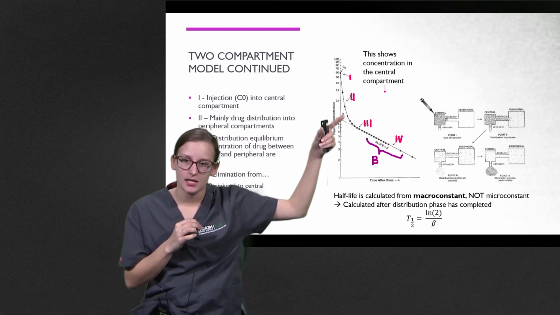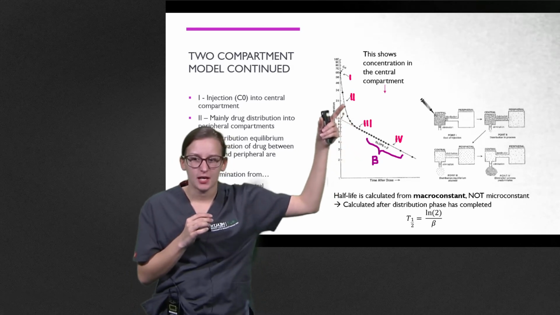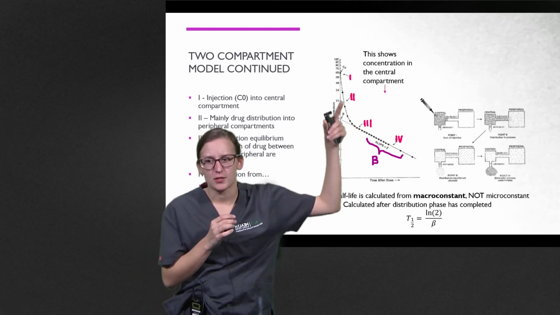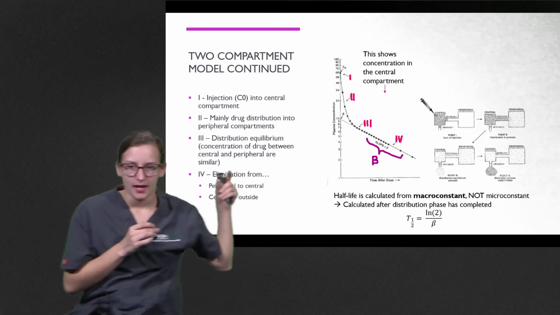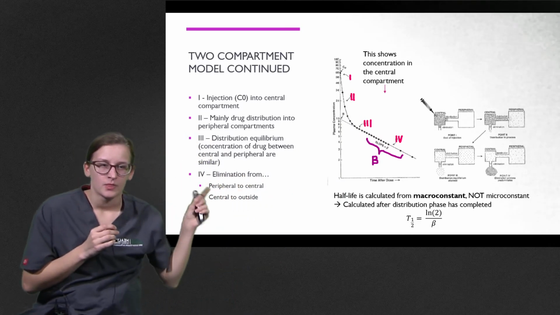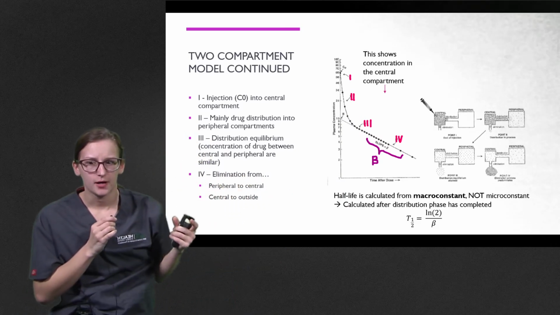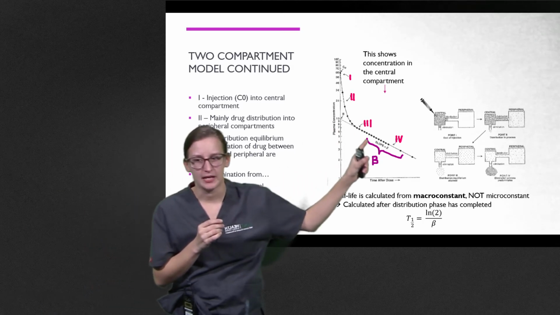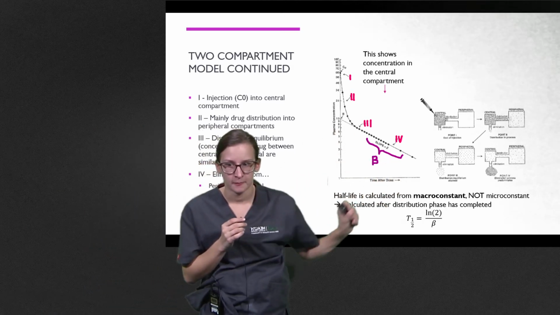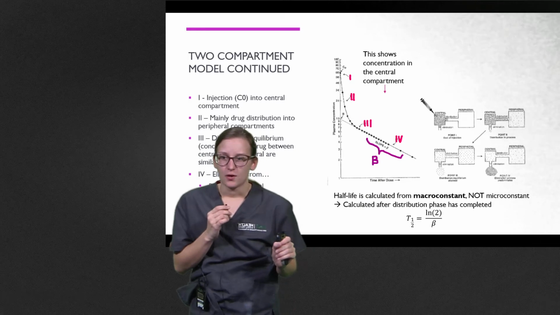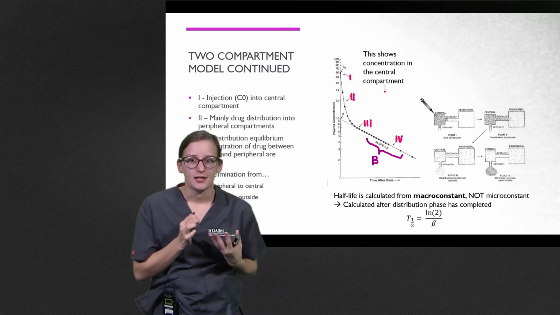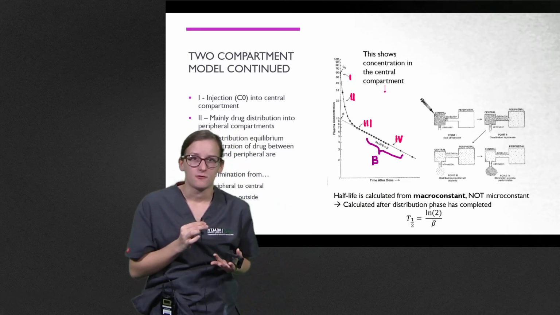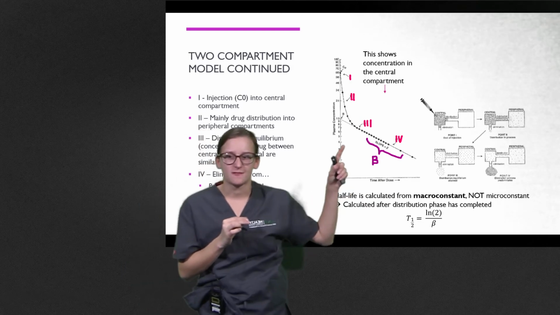And then 3 is where we're moving away from distribution and going towards just elimination. So it's distributing between that central and peripheral compartment. And then 4 is just pure elimination. That's your beta slope there. And just recall that when you are calculating a half-life of a drug, you're actually looking at this final elimination.